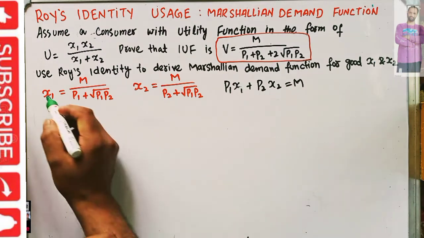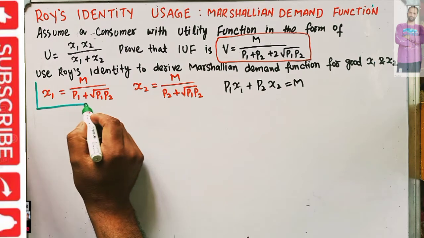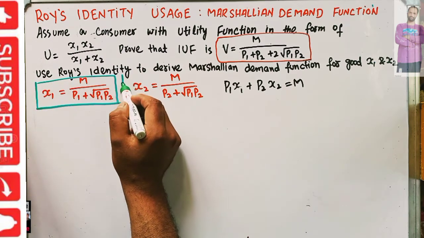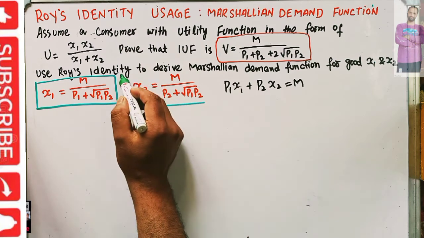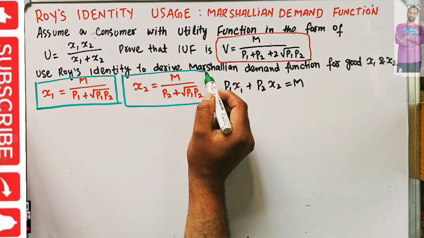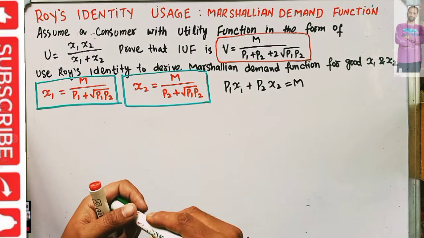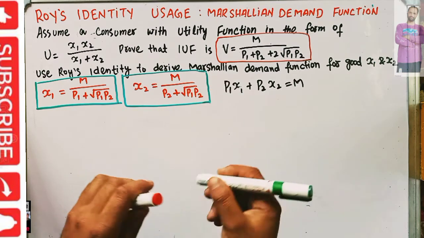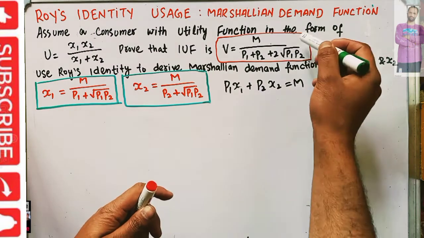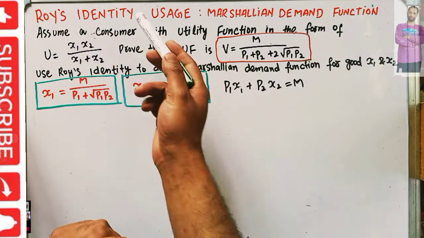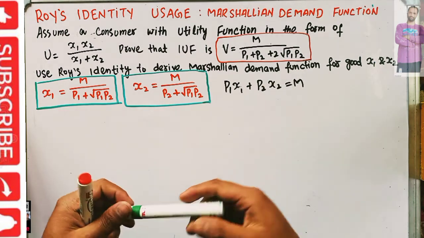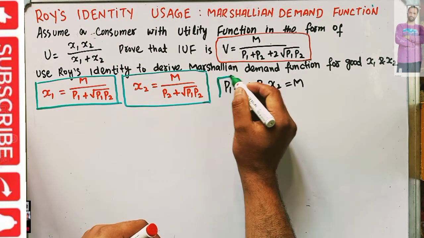These are the Marshallian demand functions which we need to find out. We have derived these two demand functions earlier in that video, but this time we are being told to use Roy's identity to derive these Marshallian demand functions. And this is our budget constraint obviously.